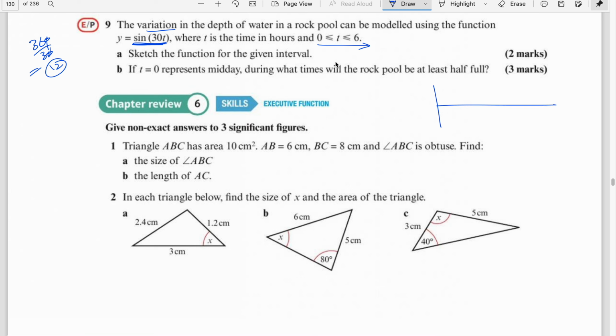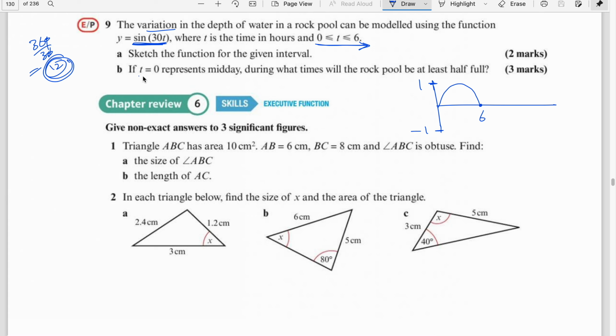Now we know that the height is 1 and minus 1, and if I draw one cycle, it should have ended at 12, but the examiner demands it to be drawn in 6 only. So what I'll do is draw a half curve. So this is 6, this is 1, and this is minus 1.